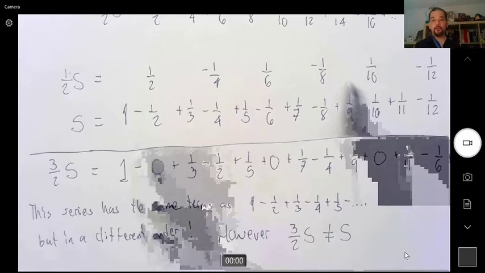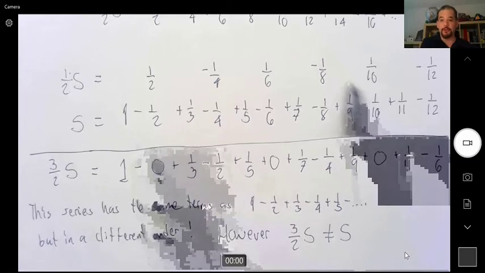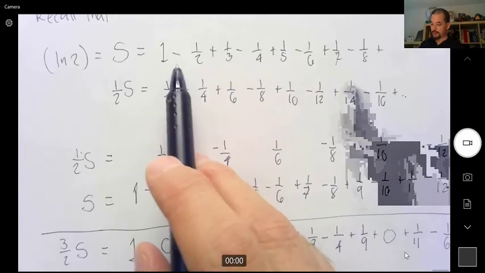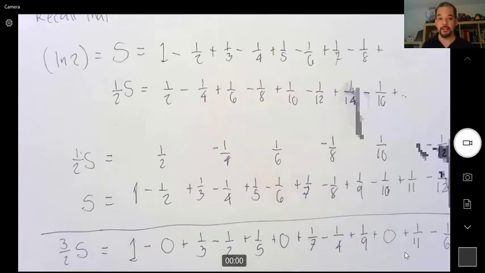In fact, we don't do this in this class, but it's a beautiful result that I can tell you. If you have a conditionally convergent series, like this one over here, you can rearrange it in a way that it converges to whatever you want, right? You tell me what you want the answer to be.